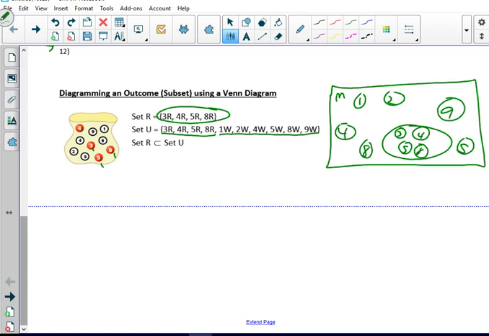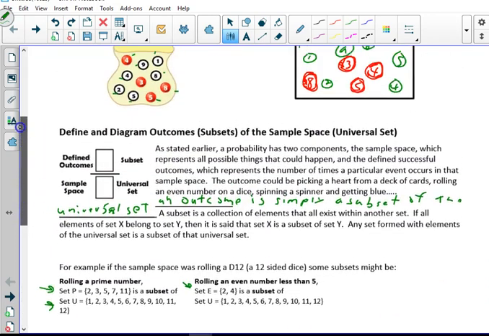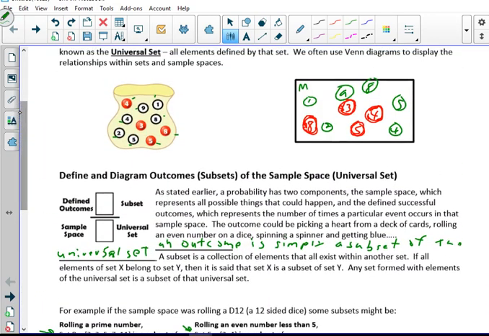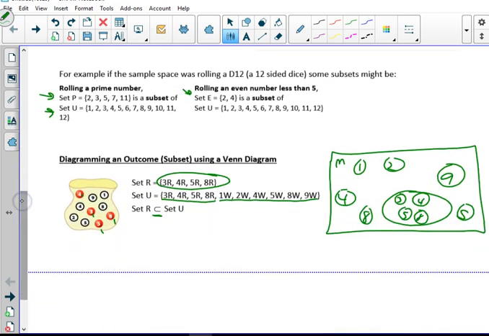So notice this kind of horseshoe looking thing here. This is saying set R is a subset of U, the universal set. Now notice the difference compared to up here. We weren't talking about subsets, we were just talking about all of the elements of the bag that were in the universal set. Down here, since we're mentioning specifically the R's, the reds, they are a subset of the universal.